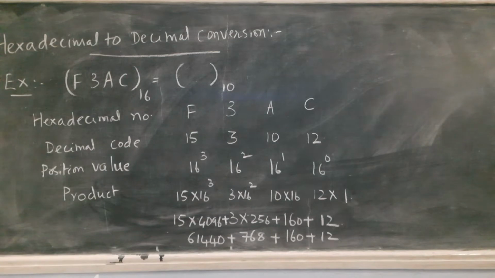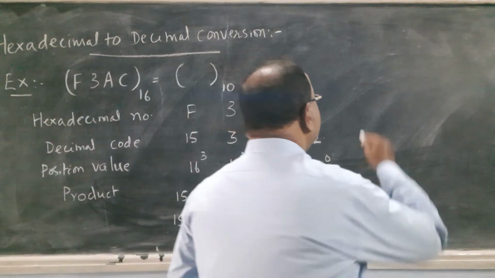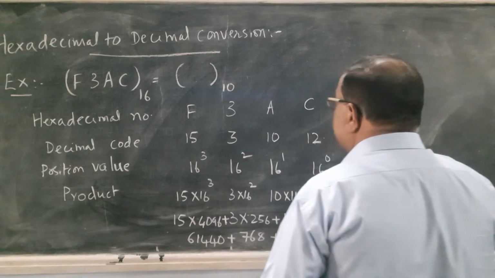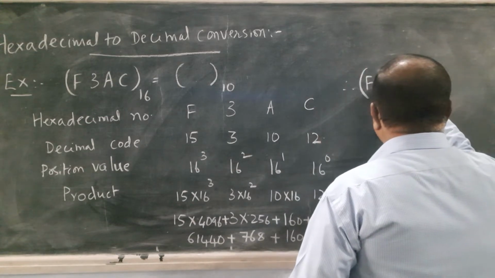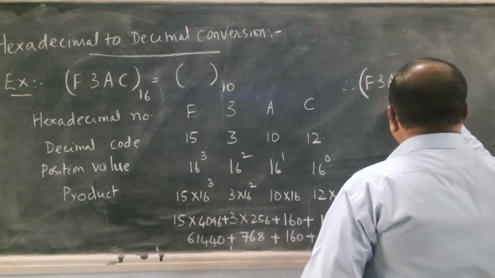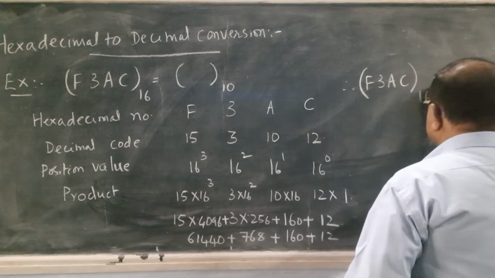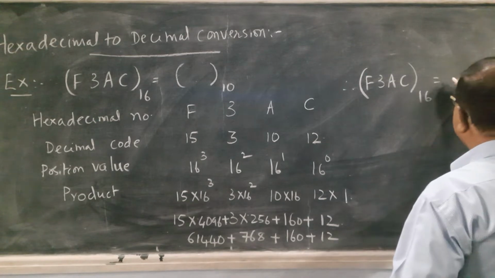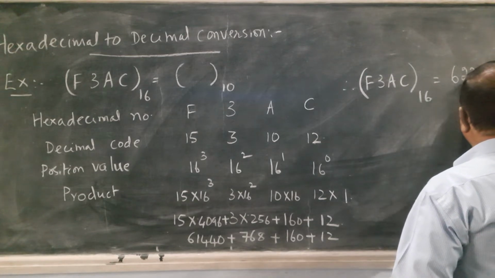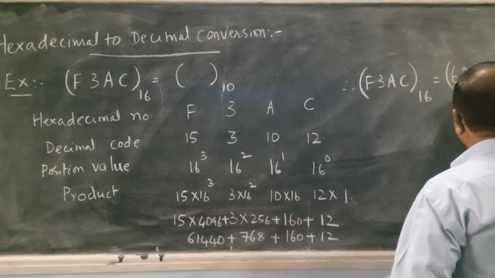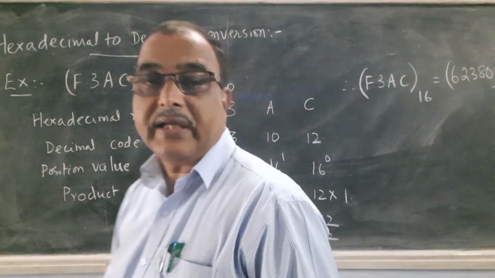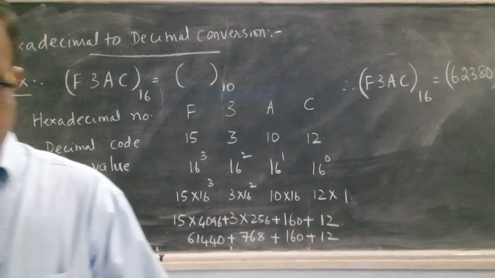Now you add them and write. Therefore F3AC in the hexadecimal system is equivalent to 62,380 in the decimal system. So this is how you should calculate the value, right?